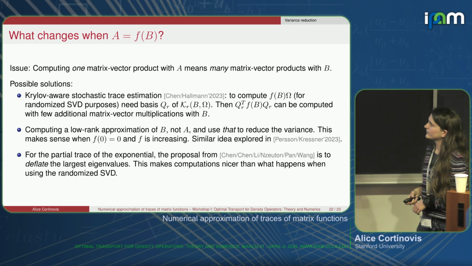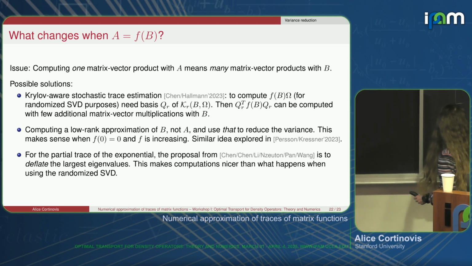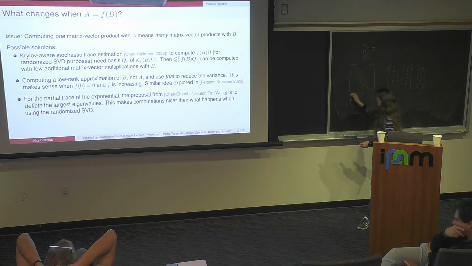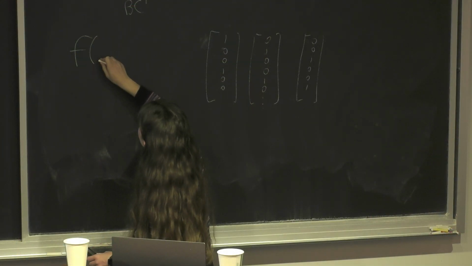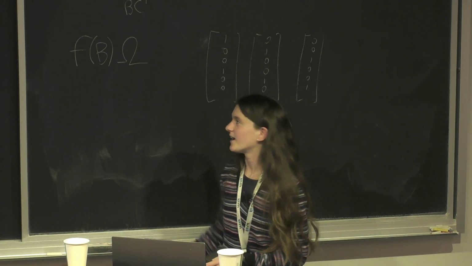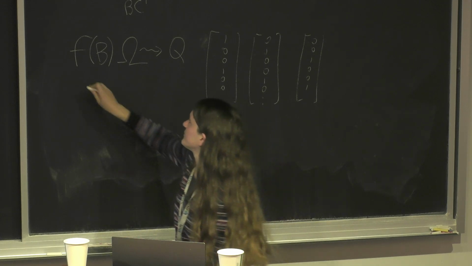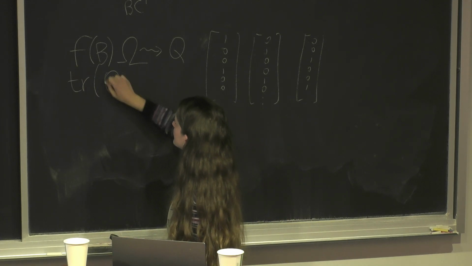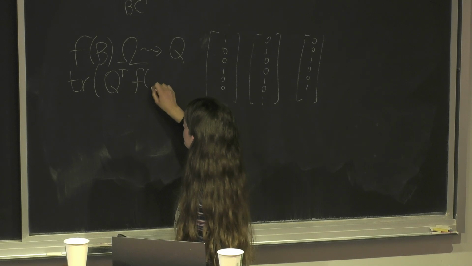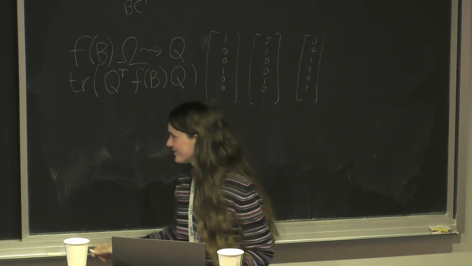For instance, there's a way to reuse, so to merge two steps: the computation of f of B times omega, which gives you this Q, and then the trace of Q transpose f of B times Q. That's something that can be managed.